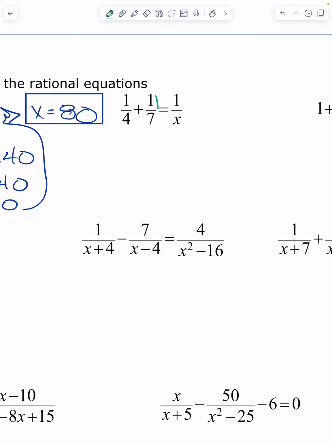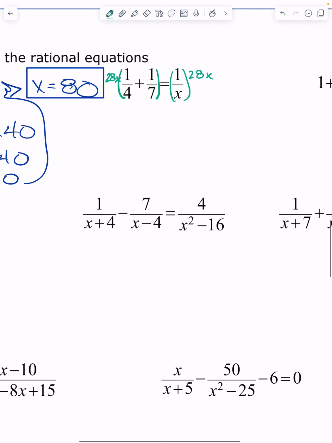I am multiplying everything on both sides by 28x. And again, I'm going to go ahead and include that middle step, 28x over 4 when I multiply here, plus 28x over 7 when I distribute here, and I get 28x over x.